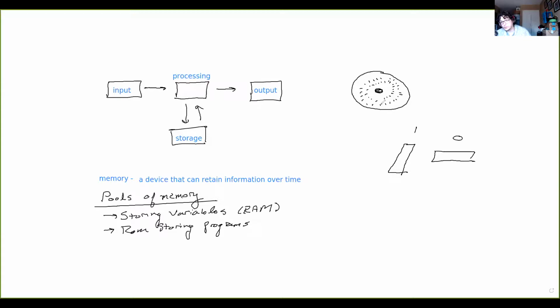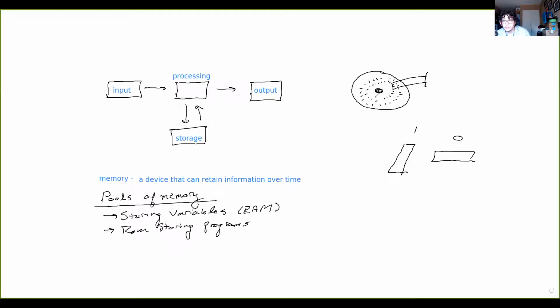Now, when you are reading one of these discs, or writing to it, you have basically a little magnetized head, is what they call it. And what this little guy does is, because it has a magnet in it, it will flip these particles to be either in the 1 state or the 0 state.